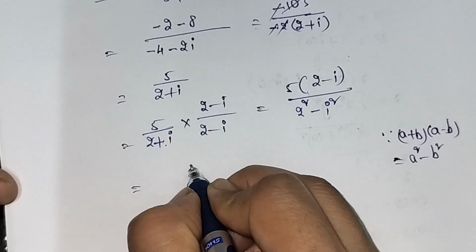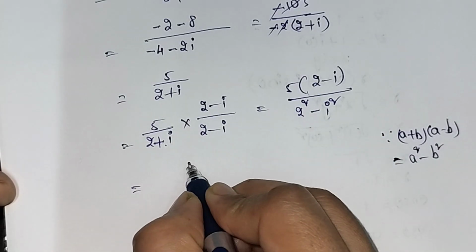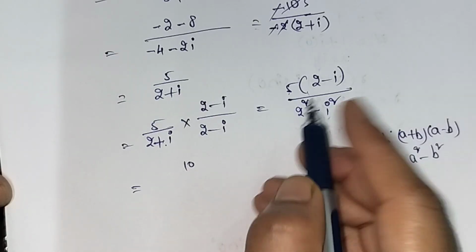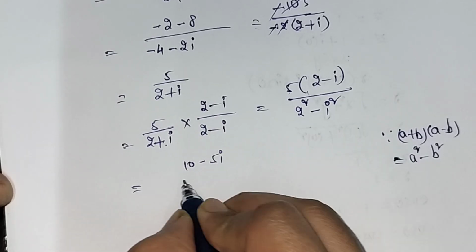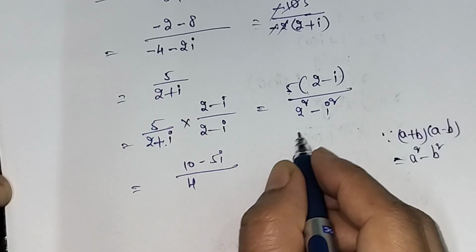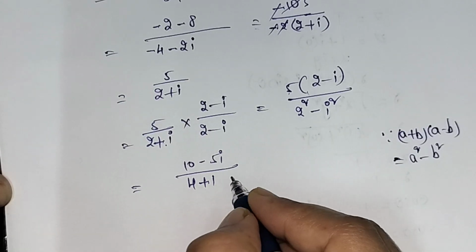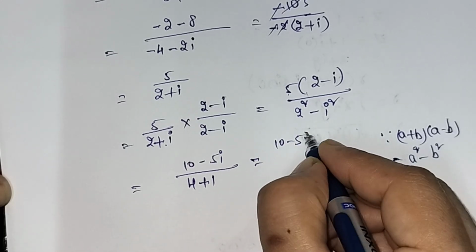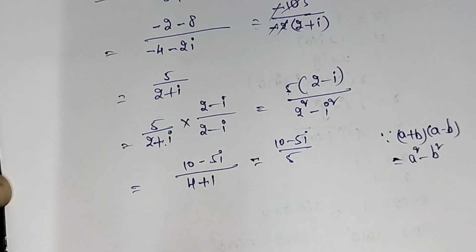That equals 5 into 2, 10; 5 into minus i, minus 5i, by 2 square is 4, i square is minus 1, so 4 plus 1. That equals 10 minus 5i by 5.